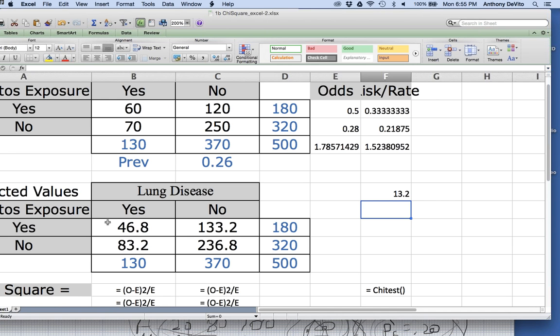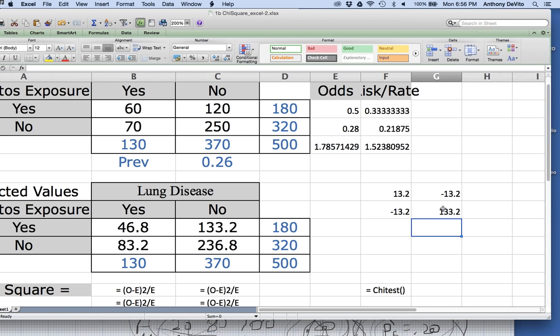Okay, so the next cell, 70, is going to be equal to 70 minus 83.2. Next cell is 120 minus 133.2. And the next cell is 370 minus 236.8.